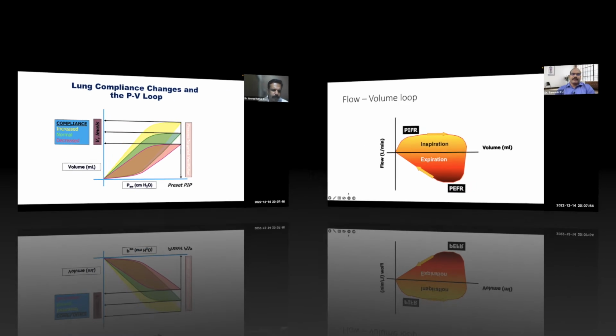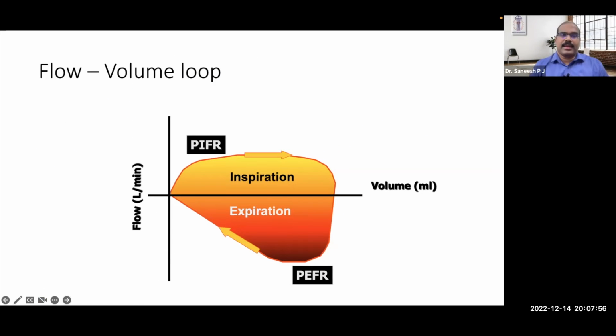Now we'll combine another two parameters, flow against volume. Here you can find flow on the y-axis. Definitely there is a positive side and a negative side. You can see the typical shape of inspiration starting from 0.